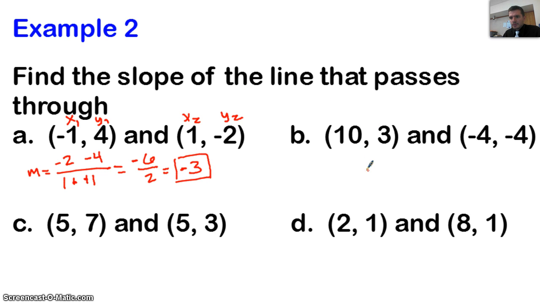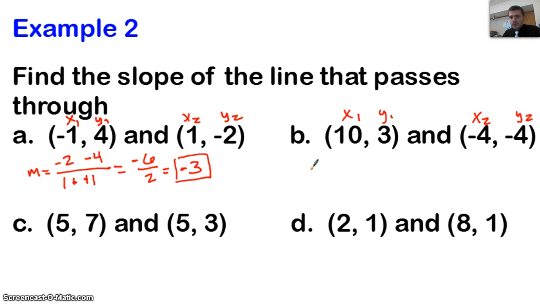All right, so we'll do the next one here. Same deal. So x1, y1, x2, y2. If you want to try these on your own, I encourage you to pause, try them, and then come back and check it out. These C and D are going to be a little bit weird though, so we're going to do those together. So just be careful with them.